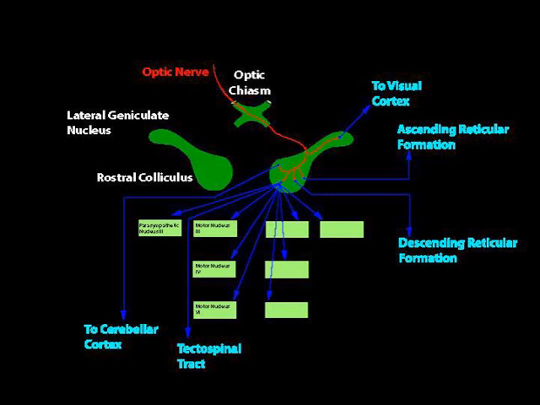What else does the eye do that we're not really conscious of? Well, as you move through space, the eye fixes on various points in space and moves in jumps called saccades. It's also very good at fixing on the horizon to give you a concept of position in space. So there is a direct output from the rostral colliculus to the motor nuclei of the third, fourth, and sixth cranial nerves.